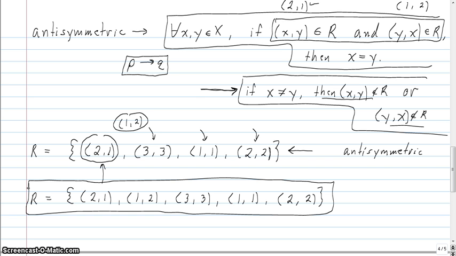Now this relation is not antisymmetric because it is symmetric. We saw that in the last example.